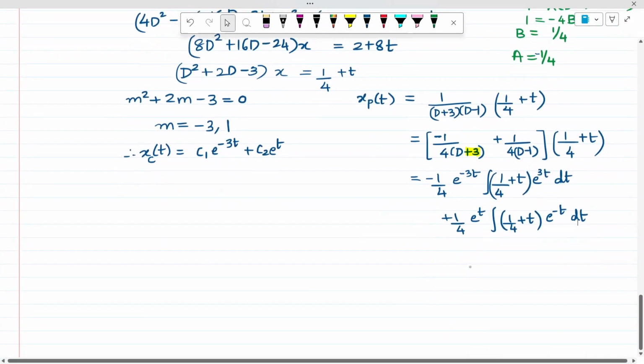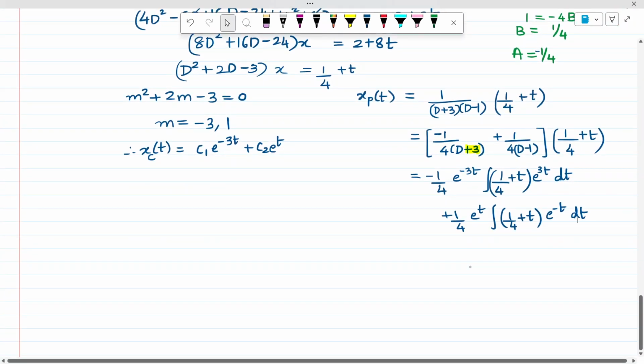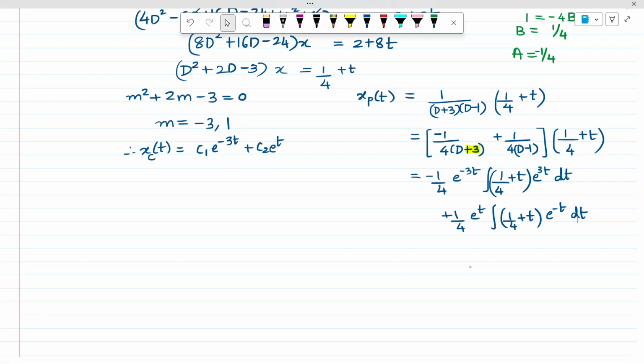Are you getting this? Any difficulties here? Is this fine with everyone? Yes, ma'am. Yes, students, did you understand this? Yes, ma'am. Okay, so let's work on the integral part and we'll be able to find the answer.